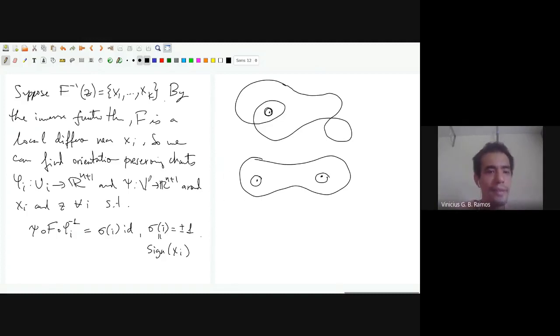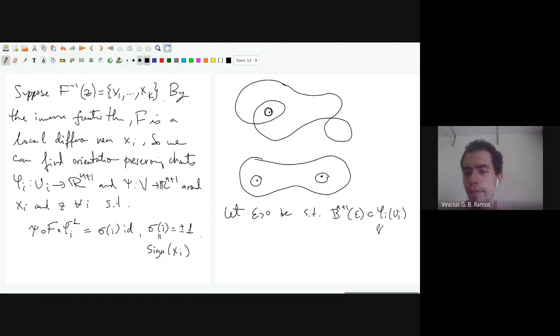Well, it's actually pretty simple. I just have to look at a small ball around each one of the xi's. So I can let epsilon be a small number such that the ball of radius epsilon is contained in the image of all the charts for every i.